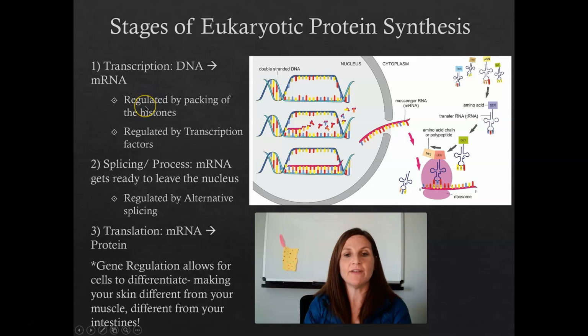We have identified that that's regulated by the packing of the histones with our acetylation of the histones and the methylation of the DNA, and by the transcription factors, whether or not they're present. We've also talked about the splicing and processing, the preparation of the mRNA to leave the nucleus, and that can be regulated by alternative splicing.